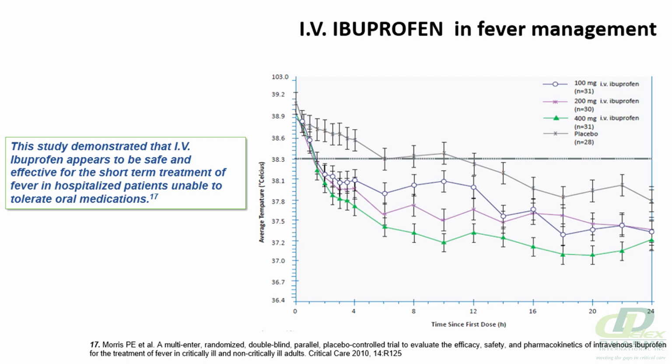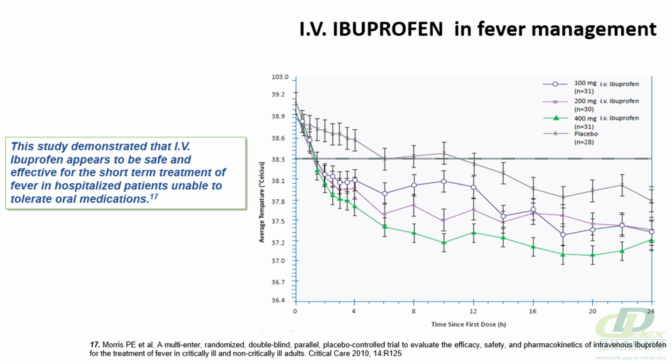All doses of IV ibuprofen tested reduced fever at 4 hours and throughout the first 24 hours of dosing. The 400 milligram dose was effective in lowering temperature to normal and maintaining this over the first 24 hours of dosing.